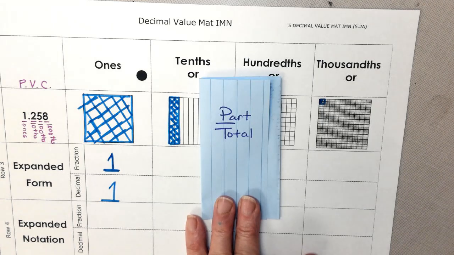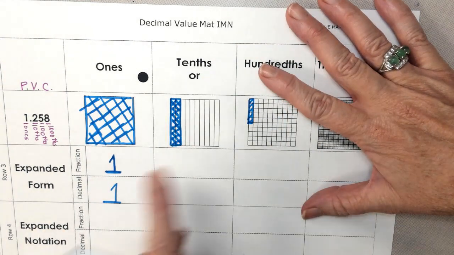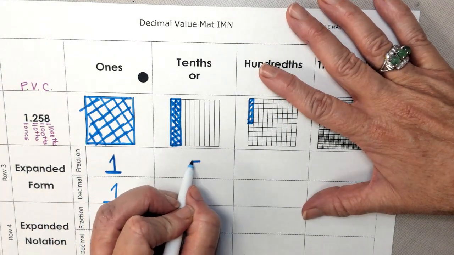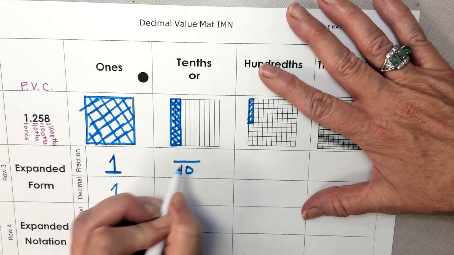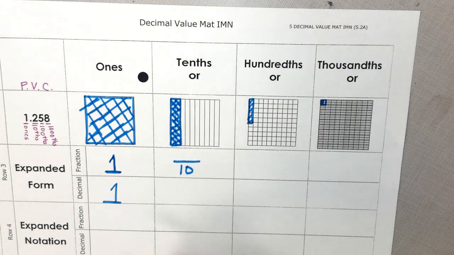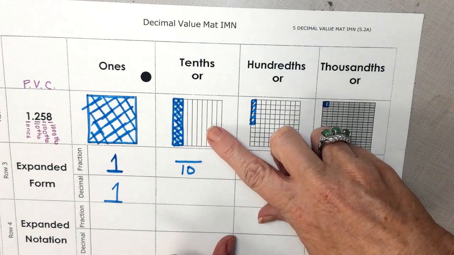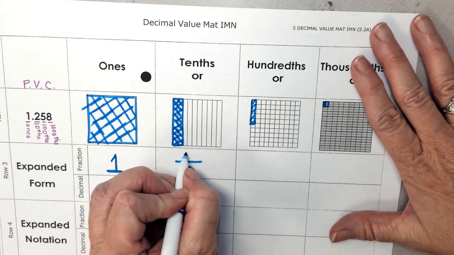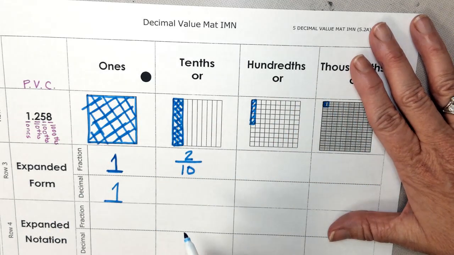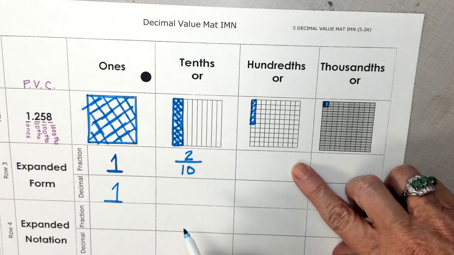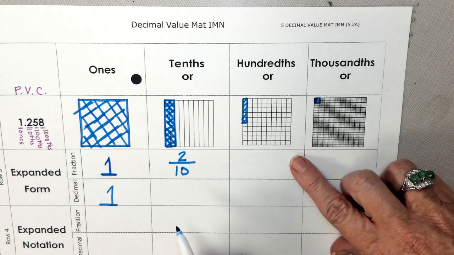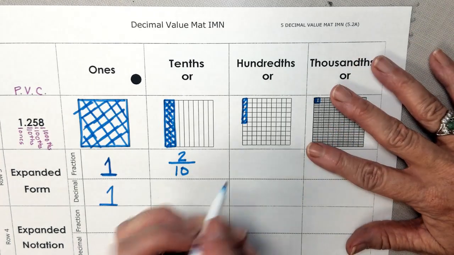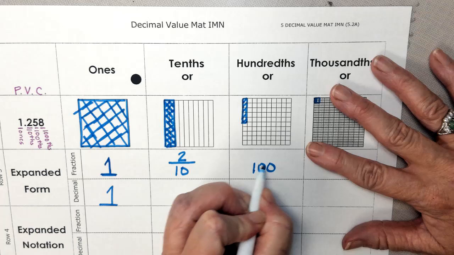So when I look at this total picture here, I see that I have 10 total pieces. So 10 is my denominator. And how many pieces of the 10 did we shade, Tucker? 2. So 2 becomes my numerator. When I look at this individual model, how many total pieces are in this model? Akarsha. 100. So 100 is my denominator.